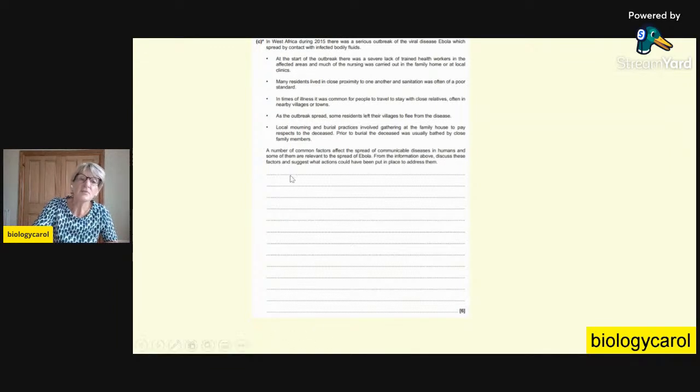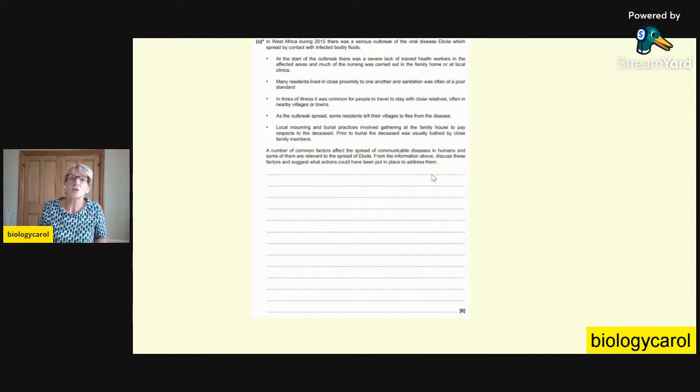A number of common factors affect the spread of communicable diseases in humans, and some of them are relevant to the spread of Ebola. From the information above, discuss these factors and suggest what actions could be put in place to address them, or could have been put in place to address them.